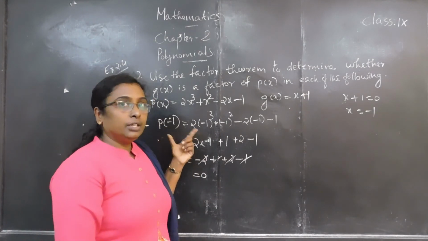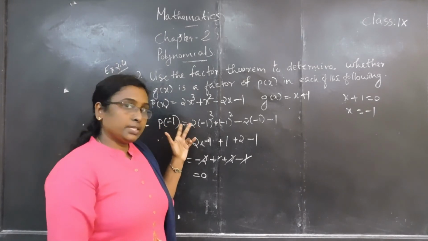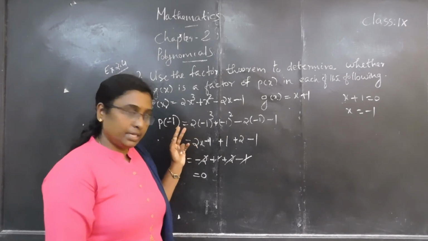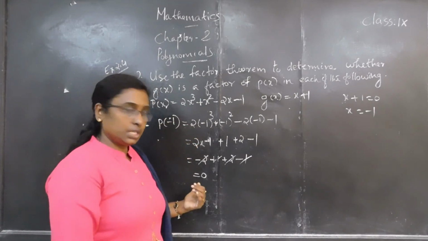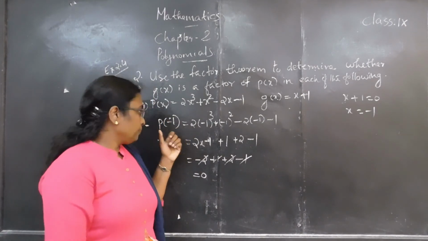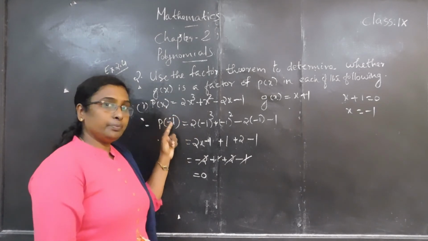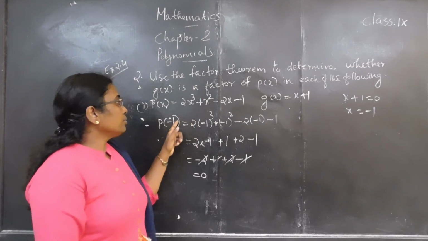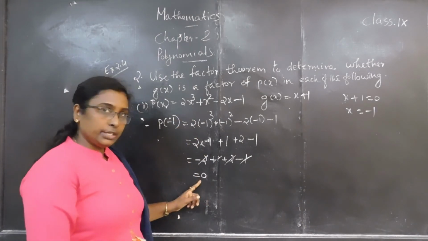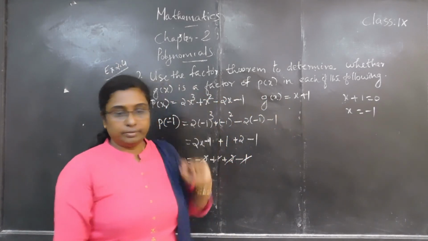According to the factor theorem, if x minus a is a factor, then p of a, which is the remainder, equals 0. Here, p of minus 1 is the remainder. Substituting minus 1 in this polynomial, we get the answer as 0. Since the remainder is 0, we can say that x plus 1 is a factor of this polynomial.